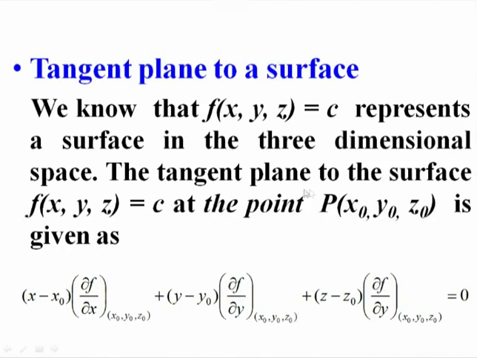The tangent plane to the surface f(x, y, z) = c at the point P(x0, y0, z0) is given as (x - x0) del f by del x at the point (x0, y0, z0) plus (y - y0) del f by del y at the point (x0, y0, z0) plus (z - z0) into del f by del y at the point (x0, y0, z0) is equal to 0.